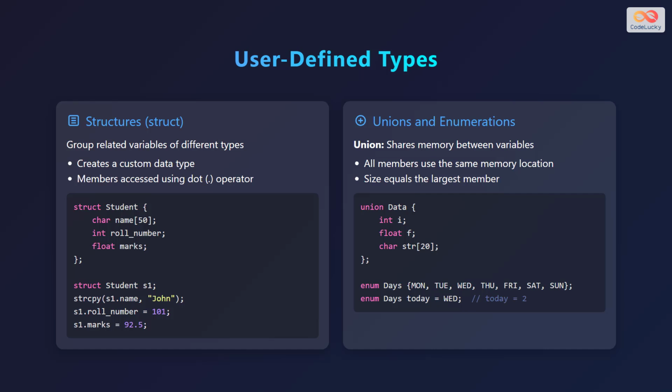For example, enum days { MON, TUE, WED, THU, FRI, SAT, SUN }, and we can declare enum days today = WED, which assigns the value 2 to today, since WED is the third element in the enumeration, starting from 0.